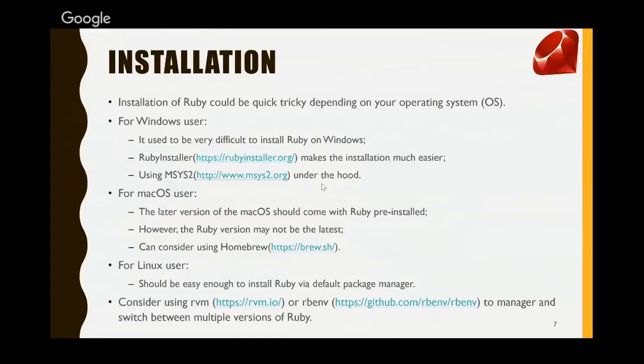So RVM, which stands for Ruby Version Manager, and rbenv, which stands for Ruby Environment, are two tools to help you manage multiple Ruby versions on the same computer. It's very helpful if you are going to use a lot of third-party libraries. But again, it's more friendly for Unix and Linux. So Windows users, please find somewhere else.